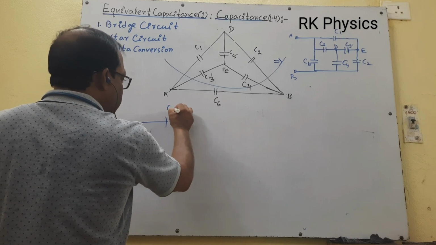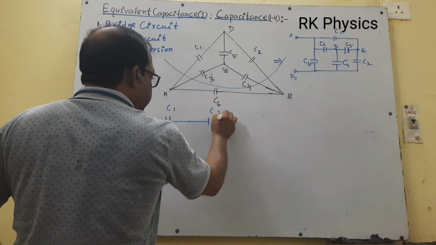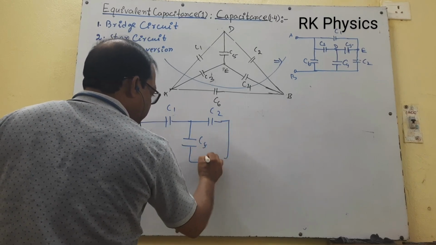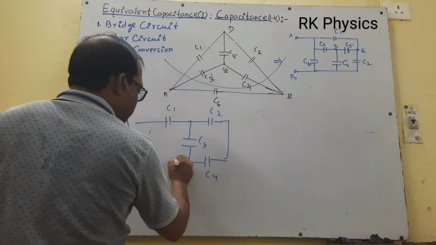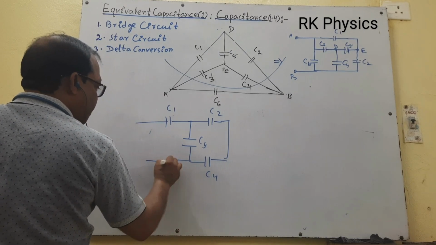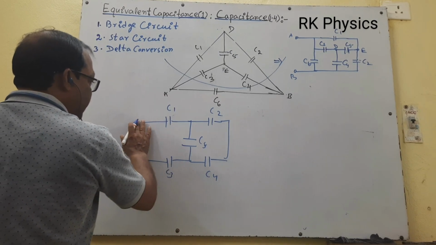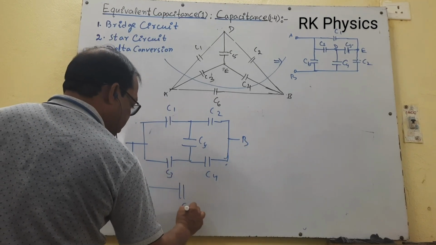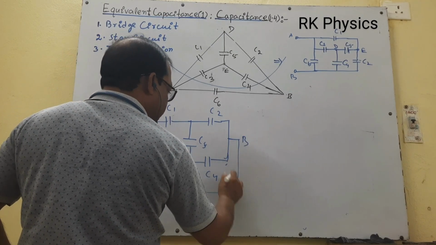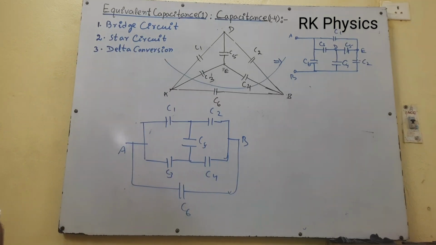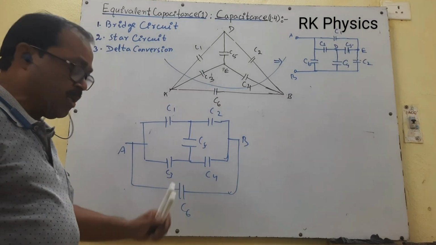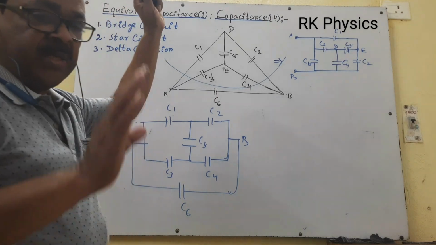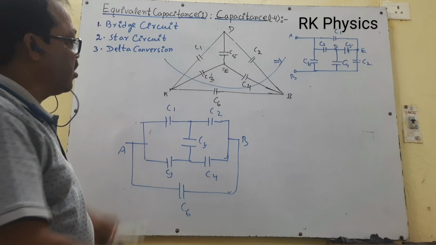This is C1, this is C2, this is C5, then C4, then C3, this point is A, this point is B, and at last there is a capacitor C6 between A and B. So this is the star circuit. If you connect a sixth capacitor parallel to the bridge, it becomes a star circuit.